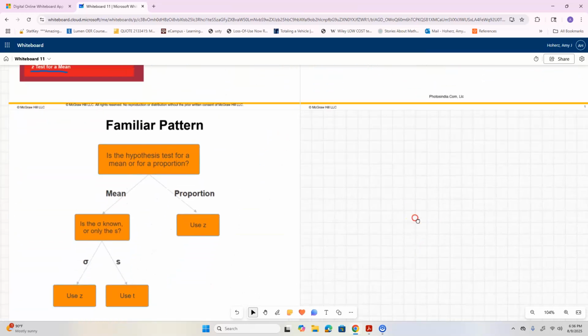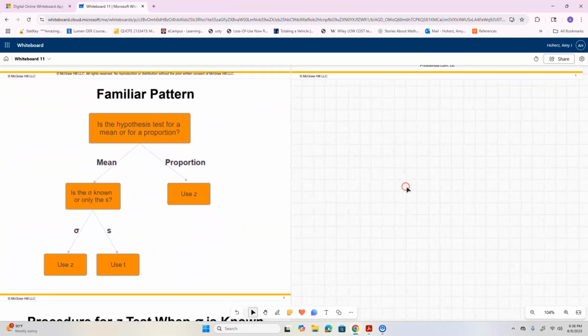Now this should be a very familiar pattern. I changed colors, but it's really the same flowchart that we've seen several times. So now we're doing hypothesis testing instead of confidence intervals, but the decision making is exactly the same. Before we start the hypothesis test, we need to know, are we doing a hypothesis test for a mean or for a proportion? For this section, we're going to be doing a hypothesis test for the mean.